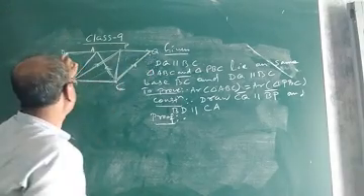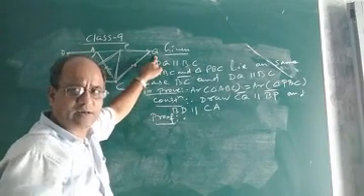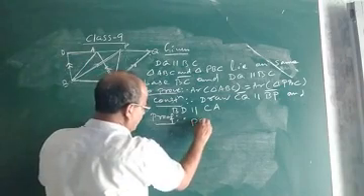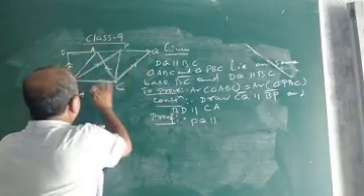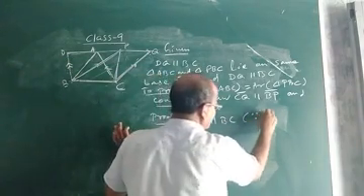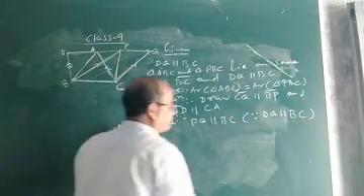Why? Because D, P and Q, these three points, are collinear. So we can say that PQ is parallel to BC, because DQ is parallel to BC, it is given.